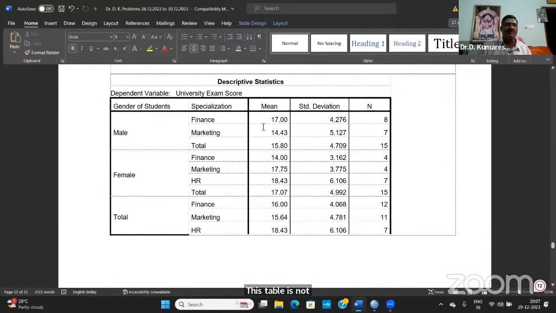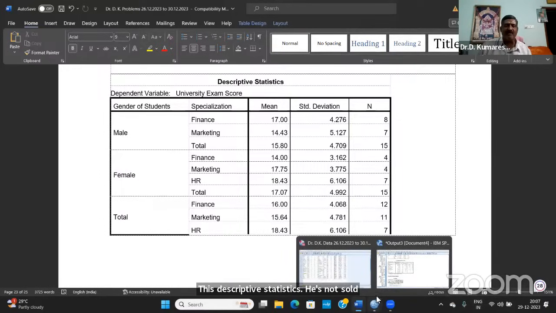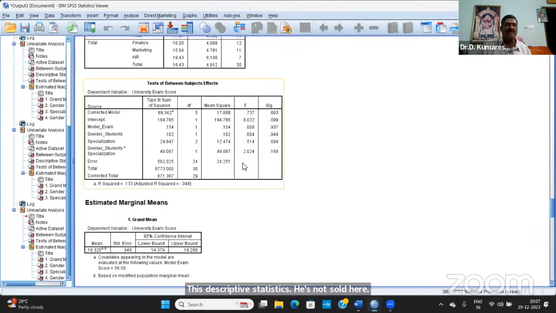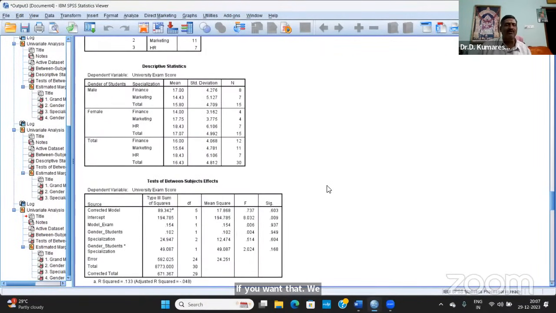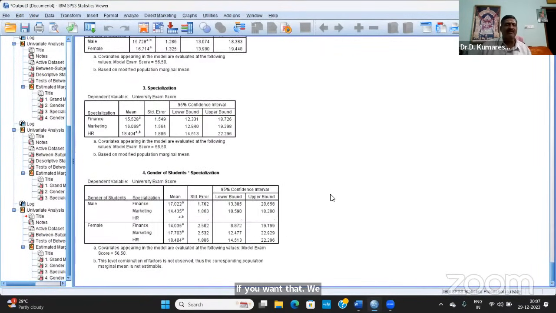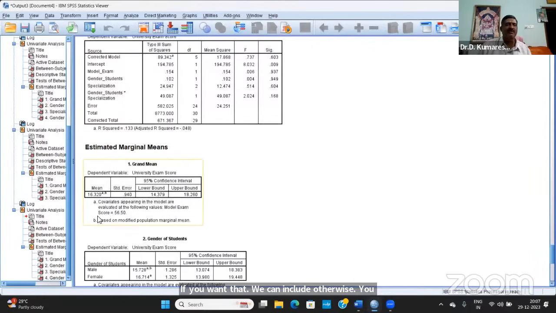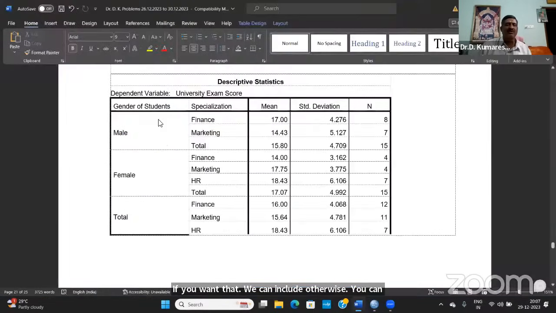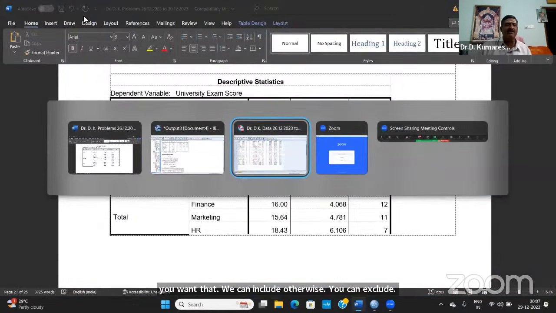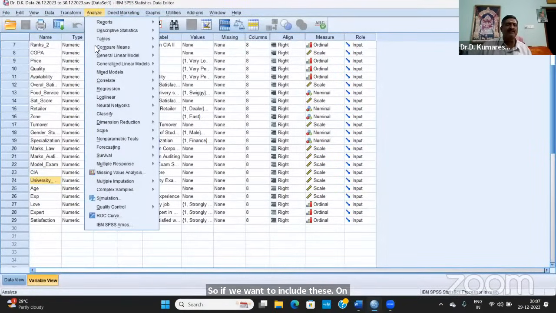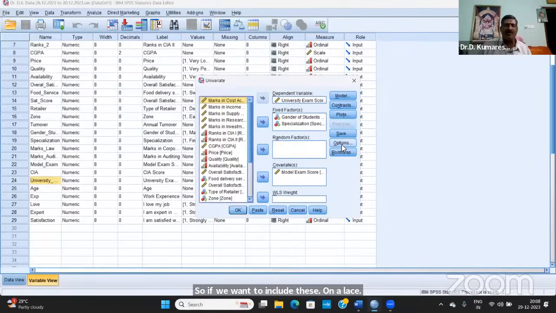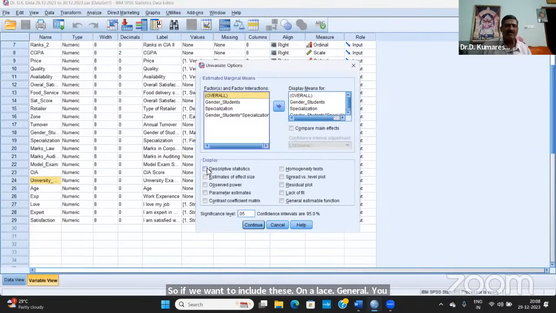This descriptive statistics is not shown here. If we want that, we can include. Otherwise, we can exclude. So, if we want to include, analyze, general linear model, univariate, options, select descriptive statistics.